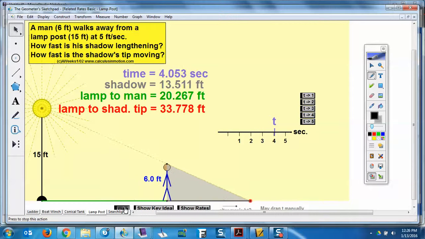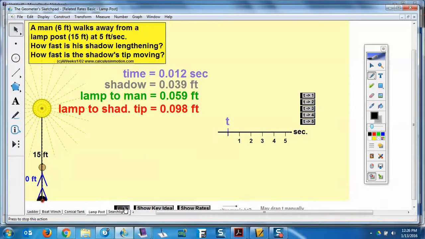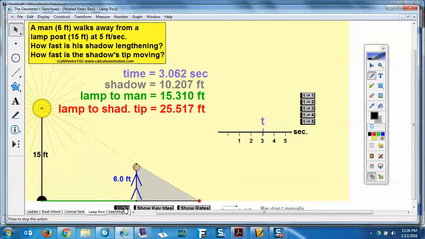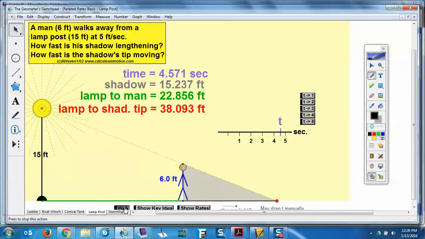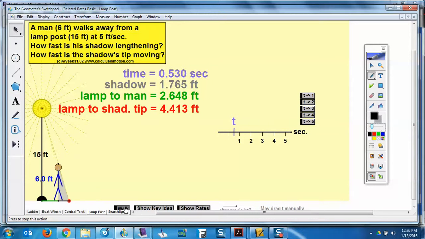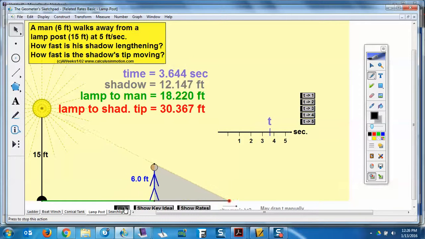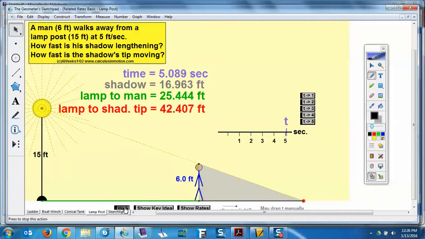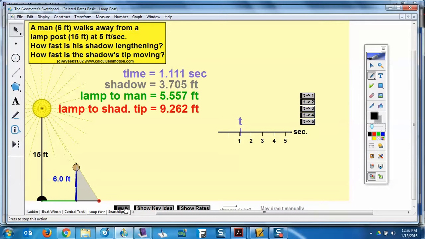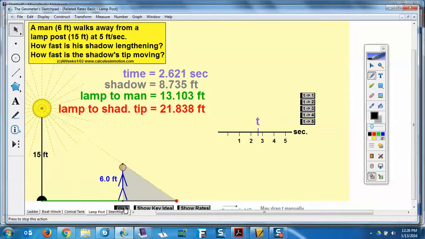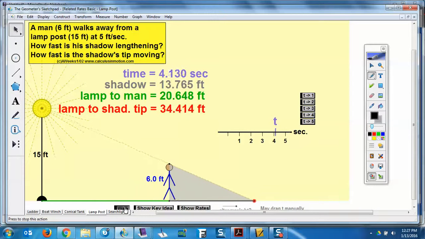Or is that different? What do you think? I think it's different, right? The rate that the red dot is changing or moving is a combination of what? The green and the black, right?